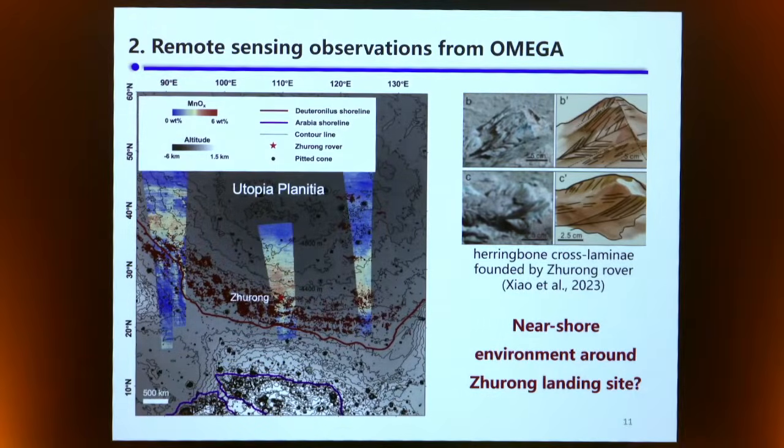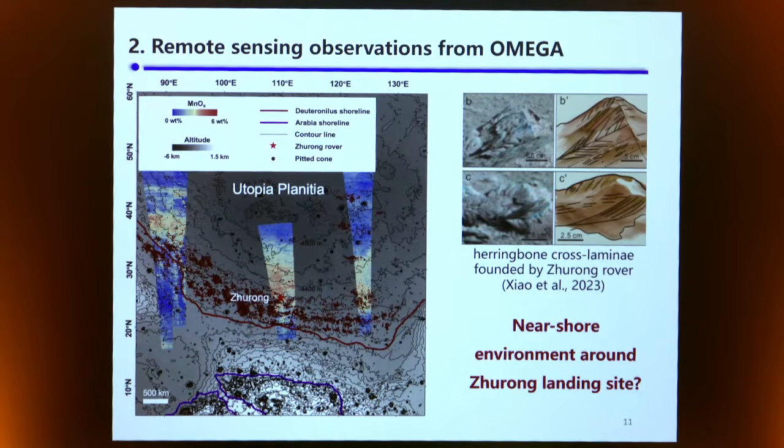We also applied ScanNet on the OMEGA spectra dataset. We found high concentrations of manganese hydroxide primarily located near the basin rim and below the proposed shoreline. Previously, the Zhurong rover identified features near the landing site interpreted as herringbone cross-lamination formed by bipolar current directions.